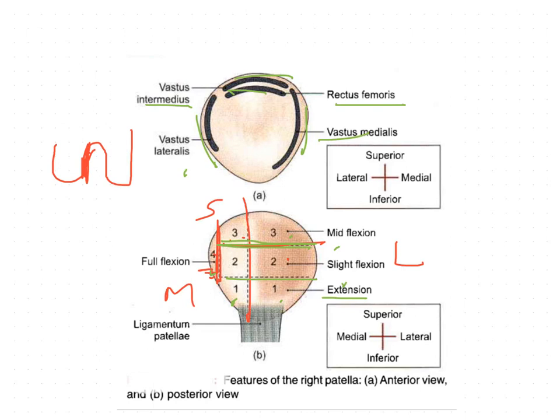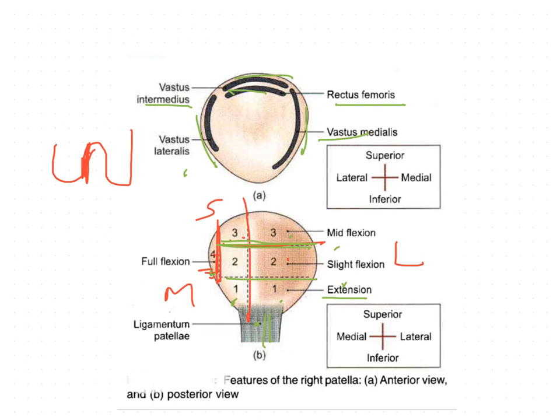Okay, now the apex gives attachment to the ligamentum patellae. So here you can see the ligamentum patellae getting attached on the posterior aspect of the patella. Okay, so these are the attachments of the patella.